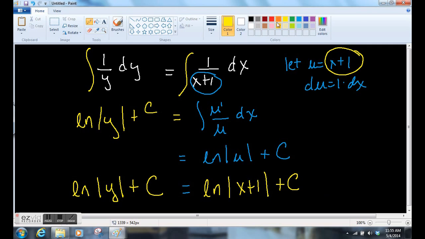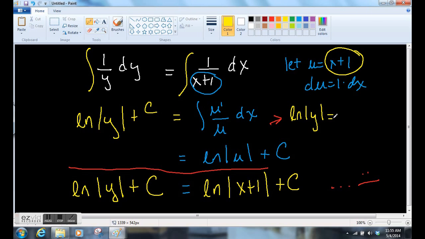At this point you're probably thinking, how do I solve this problem? And the answer is, I would just leave it. Put your constants together and write it like this: natural log absolute value of y is equal to natural log absolute value of x plus 1 plus some constant.